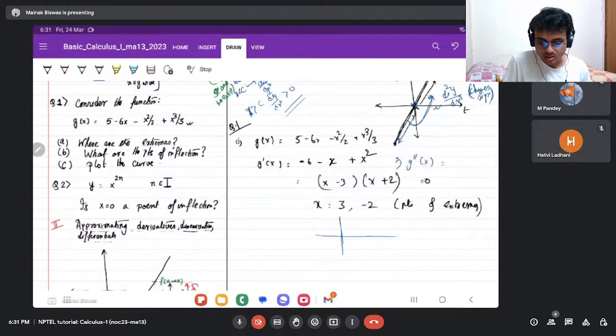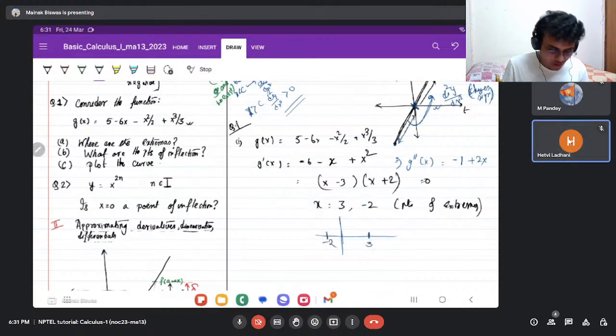So that is minus 1 plus 2x, right? That is g double dash x. So for your extremas, without doing a second derivative test, can you tell me, although you have it in hand, which point is the maximum and which is a minima? Minus 2 is maxima and 3 is minimum. What logic did you use?